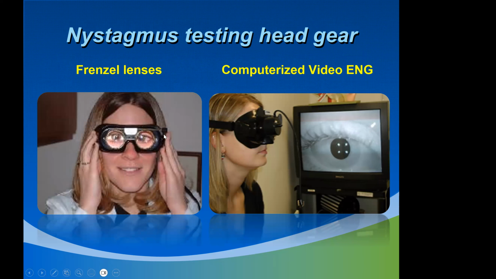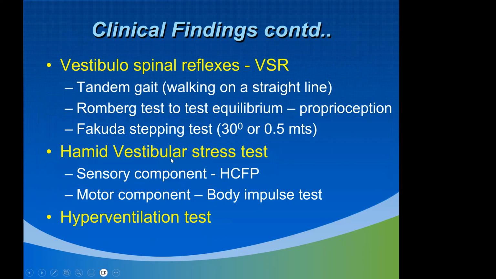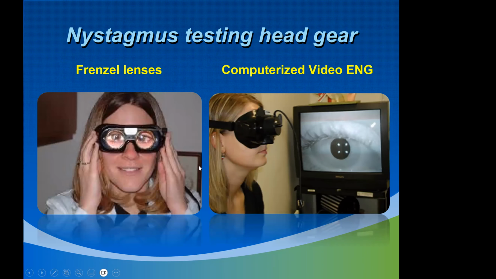You just wear the lenses like that, and there is a recorder, the computerized electronystagmogram, which will record the movement of the eye, the nystagmus, precisely in the video camera that is attached to the Frenzel's lenses.